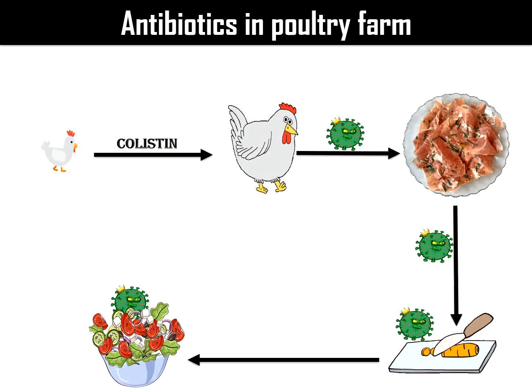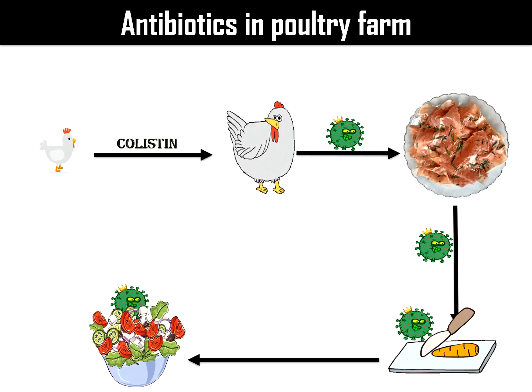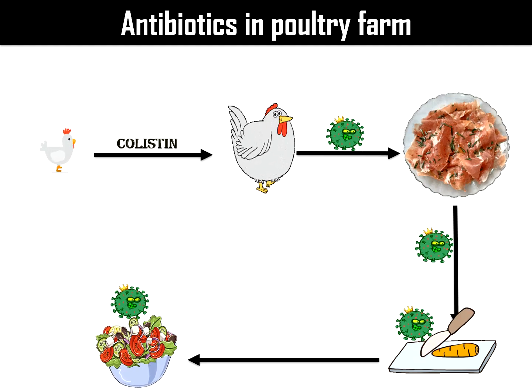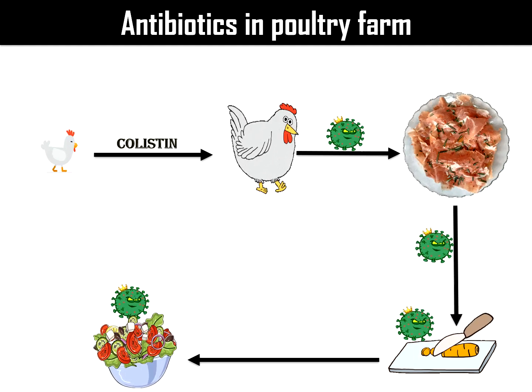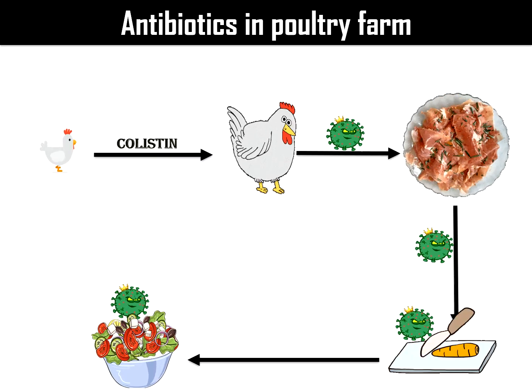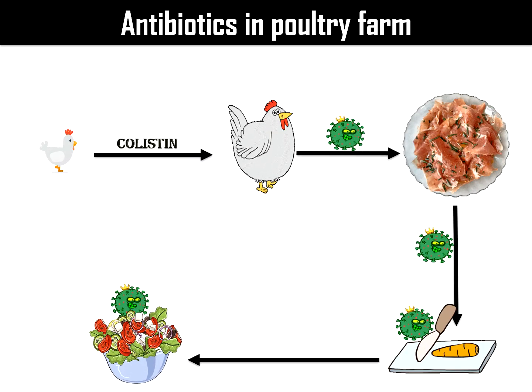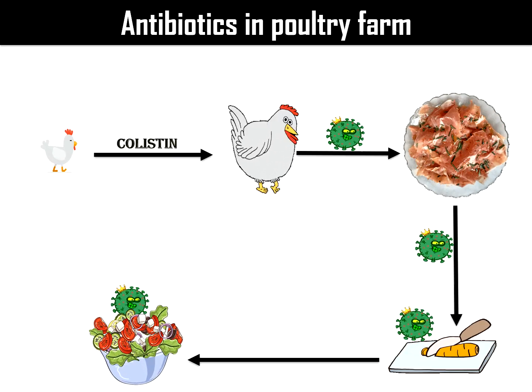If these food materials are not properly cooked, the bacteria which contain drug-resistant genes are not killed properly. And when we consume this improperly cooked or undercooked food, these organisms are easily transmitted to our body.